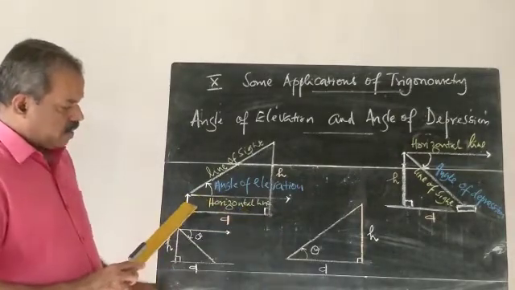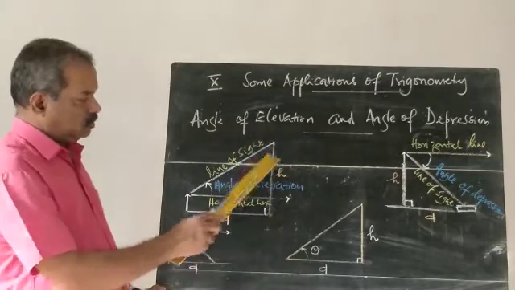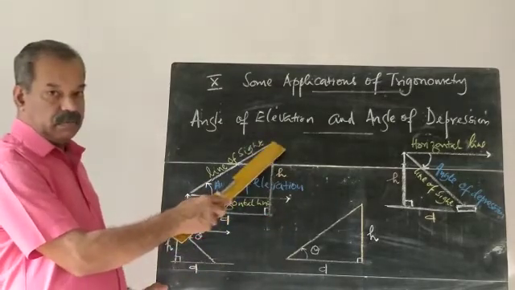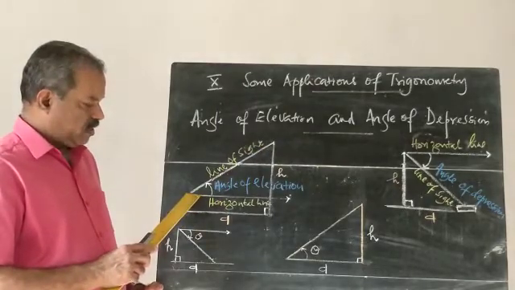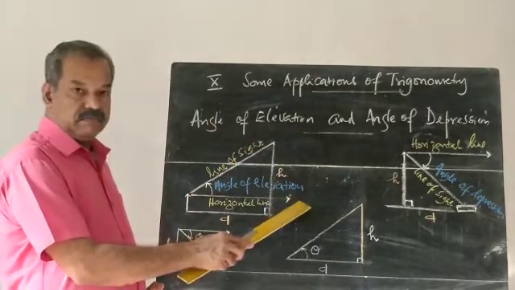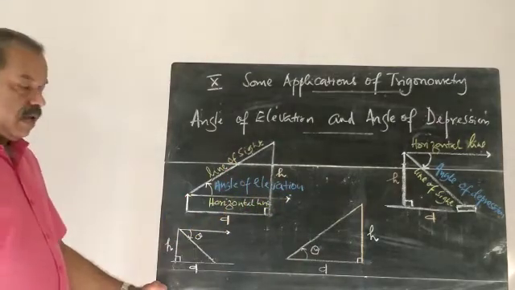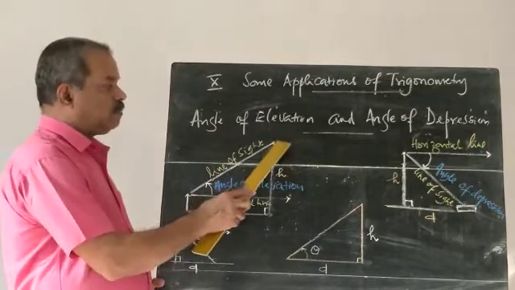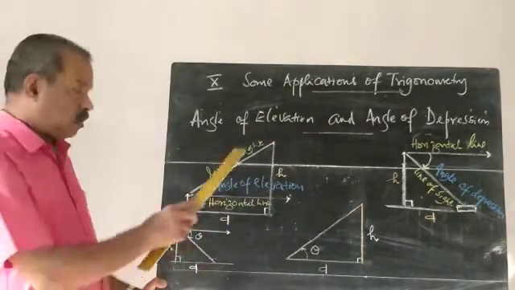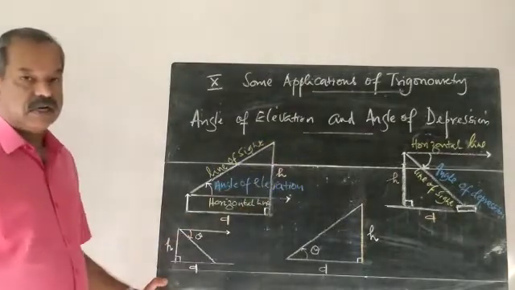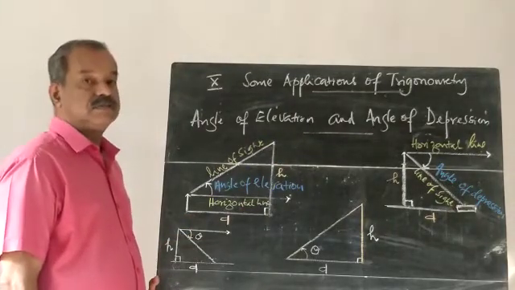Suppose a man looks at the top of a building or a tree. This is the top of the building or tree. When he looks straight, it is marked as the horizontal line. And to have a look at the top of the tree or an object above his head, he has to tilt his head upwards.